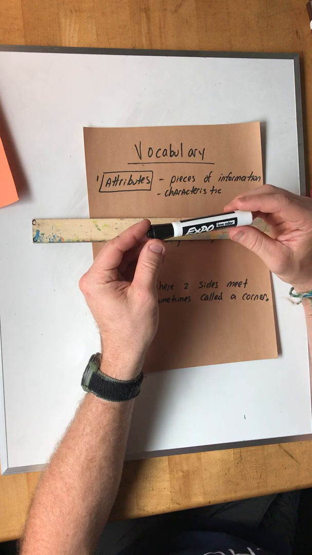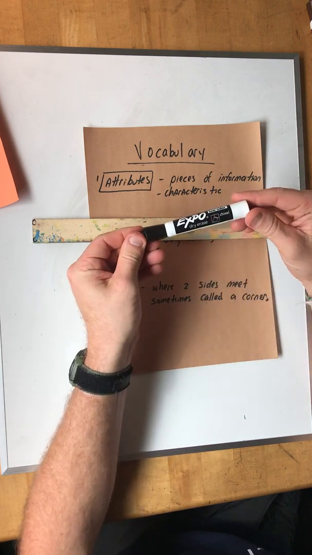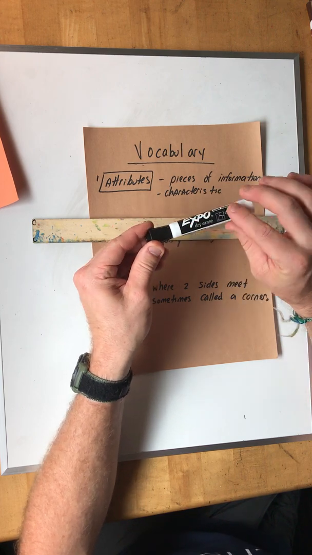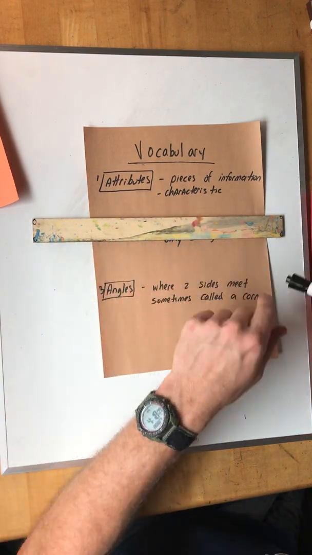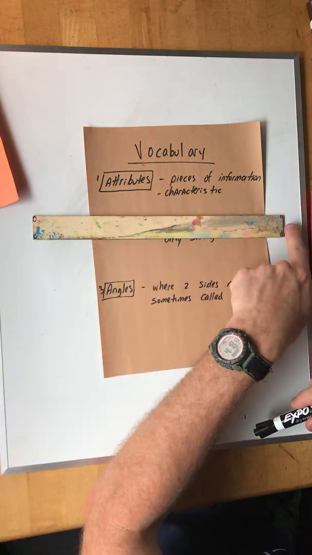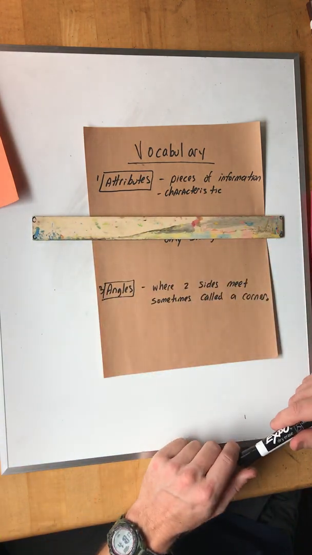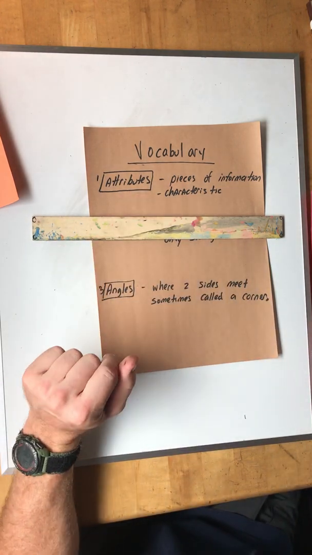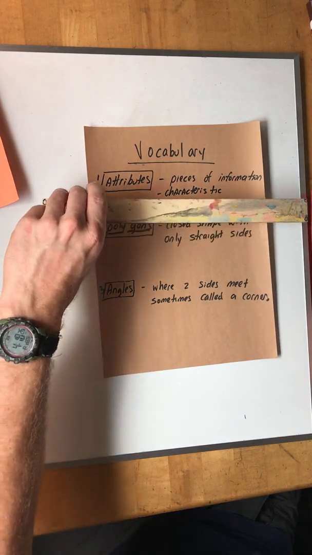Another attribute would be the shape, which is a cylinder. An attribute of this ruler is 4 sides, 4 corners, which are also called angles, and it's very colorful. Those are different attributes. So an attribute is a piece of information or characteristic.